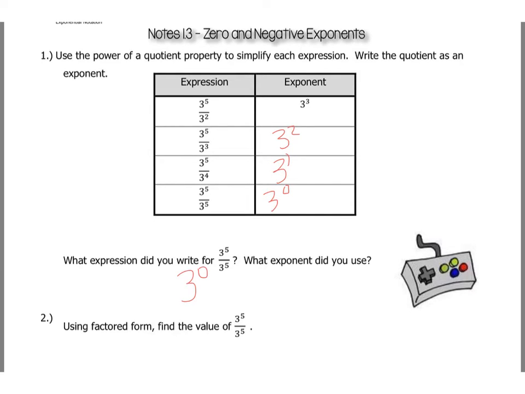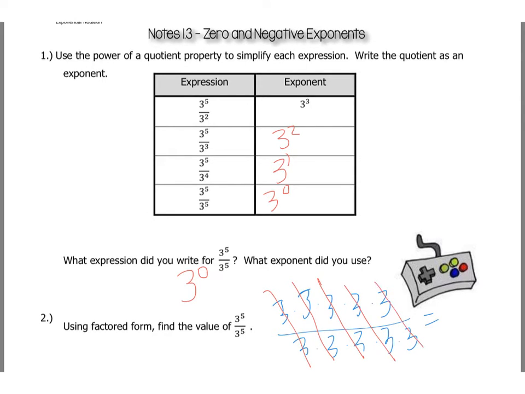But then it says down below on number 2, using factored form, find the value of 3 to the 5th divided by 3 to the 5th. So we do 3 times 3 times 3 times 3 times 3 over 3 times 3 times 3 times 3 times 3. You look at this, these cancel out, these cancel out, these cancel out, these cancel out, and these cancel out.